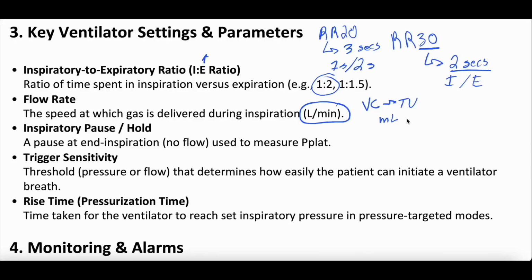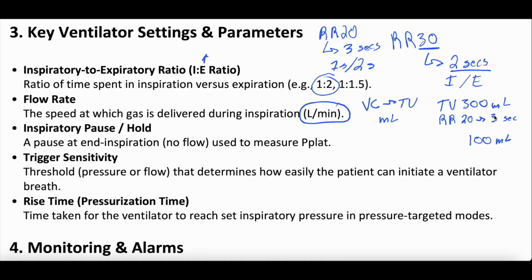So let's see if we do easy math. If I set the tidal volume at 300 milliliters, and I set the respiratory rate at 20, which means there's about 3 seconds per breath. Wait, but this is just for inspiratory, right? So 3 seconds per breath.